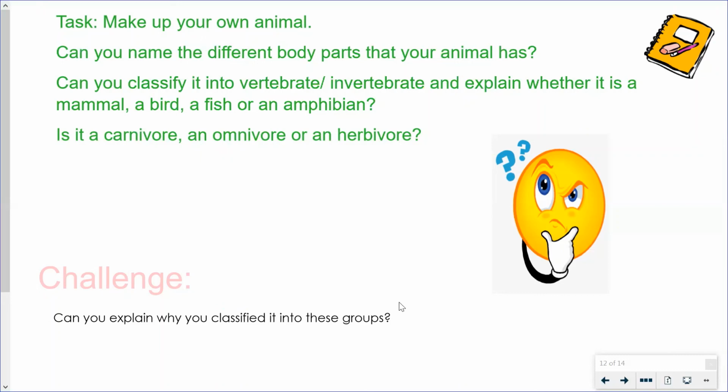Then I would like you to think what your animal likes to eat and then classify it into a carnivore, an omnivore, or a herbivore. Your challenge today is to explain why you classified your animal into these animal groups.